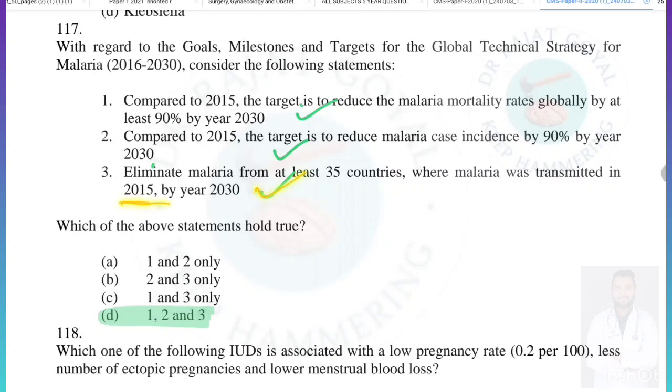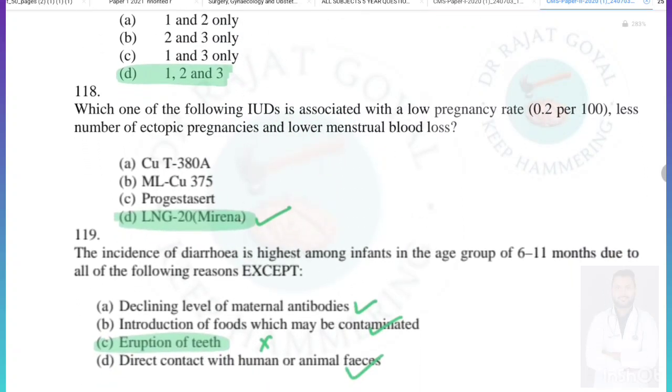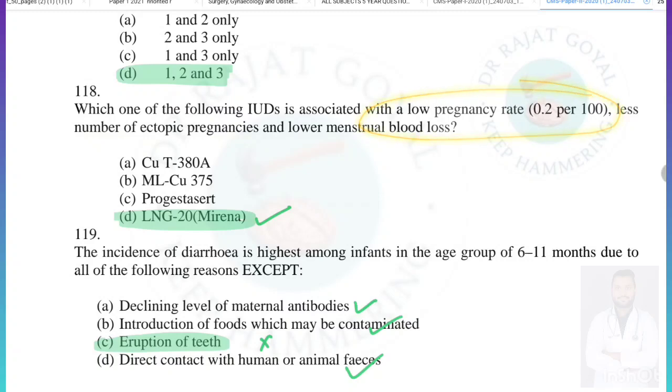This is true. So answer here will be D. All are true. Which of the following IUDs is associated with the low pregnancy rate, 0.2 per 100, fewer ectopic pregnancies and lower menstrual blood loss? The IUD which has the low pregnancy rate of 0.2 per 100 is LNG-20 Mirena.